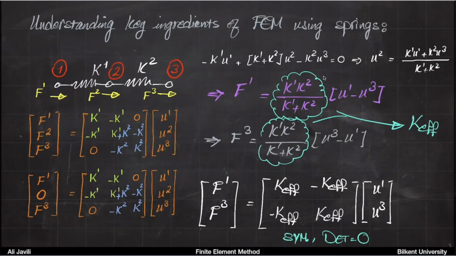But also one interesting thing, just for the fun of it, if you want to add F1 and F3 together. So F1 plus F3. If you add these together, you also get 0, right? Which makes sense. So basically F1 plus F3 is 0, so this is your equilibrium.